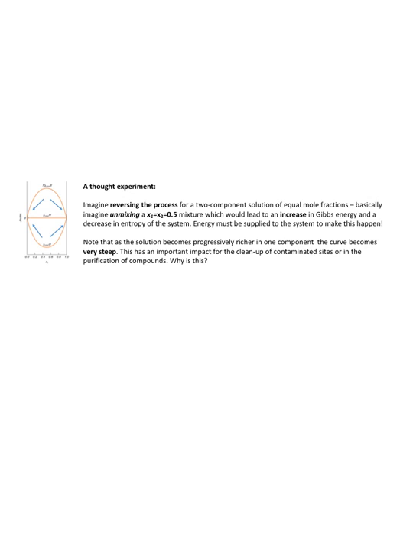What I mean by that is, let me make sure I have my pen ready here. As I try to, let's say, make my mixture more pure in component 1, I'm making it less disordered.